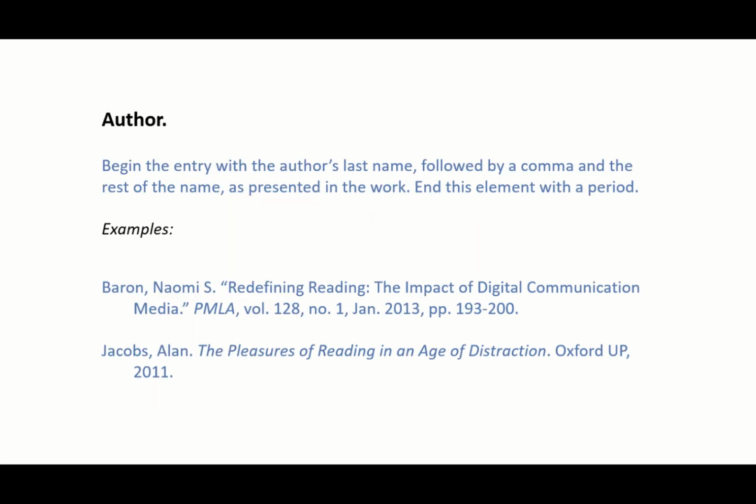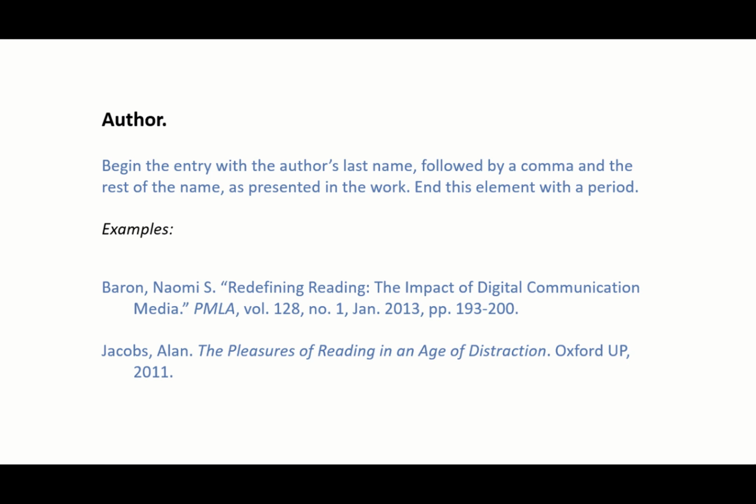First, an author. This one is pretty straightforward. We all know what an author of a source is. You'll always begin the entry with the author's last name, followed by a comma, and the rest of the name as presented in the work. Then you'll always end this element with a period. Here are a few examples.